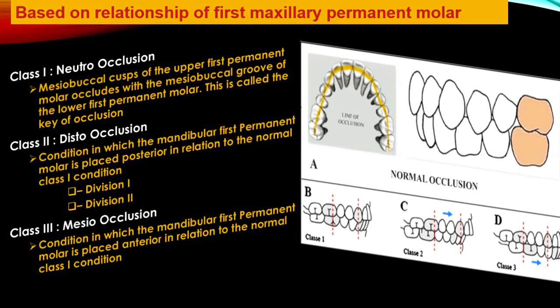We have division 1 و division 2, و class 3 meso occlusion, condition in which the mandible first molar is placed anterior in relation to the normal class 1. هذا المولر رايح للبوستيريور كلاس 2 وهذا المولر رايح anterior من مقارنة مع الكلاس 1. يعني هنا protrusion of the teeth هنا retrusion of the teeth. اوكي.